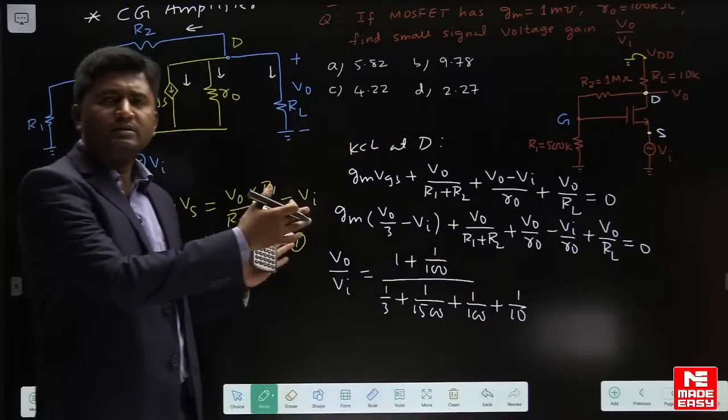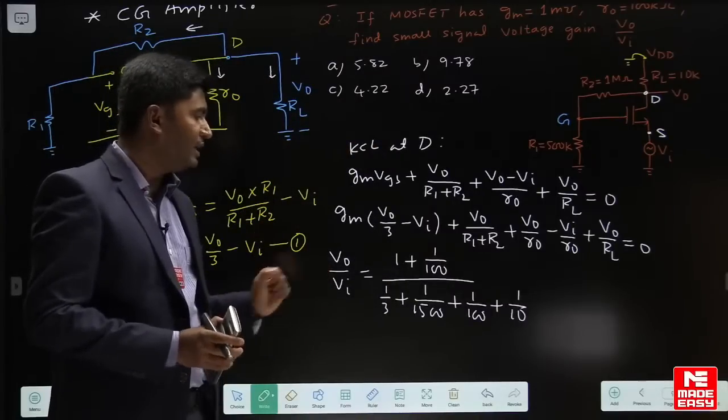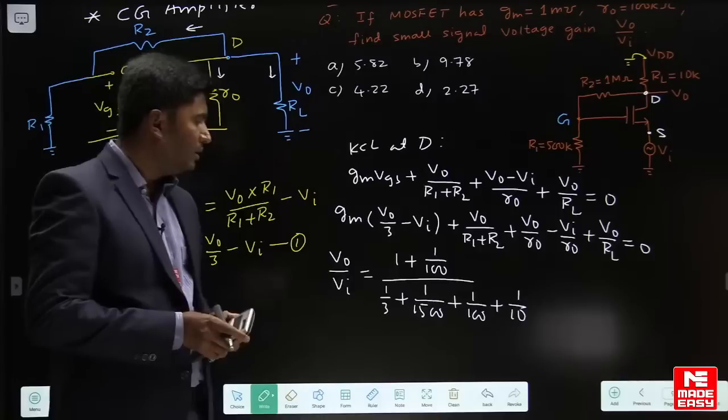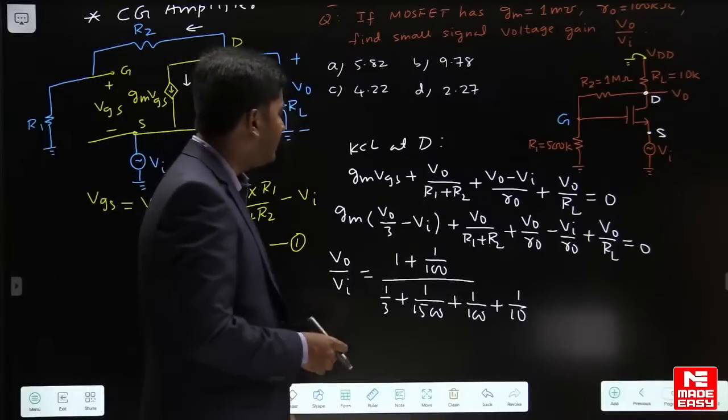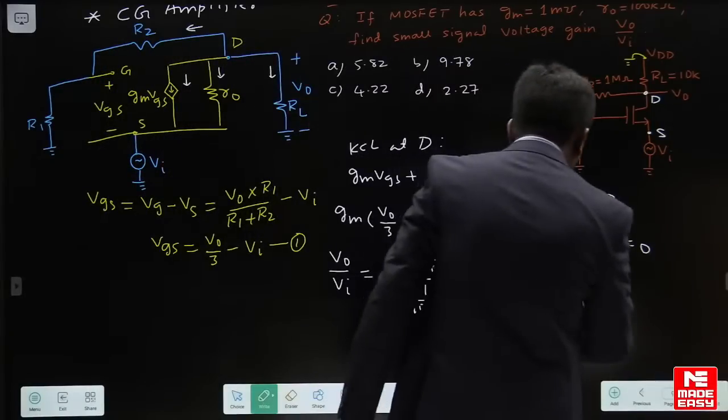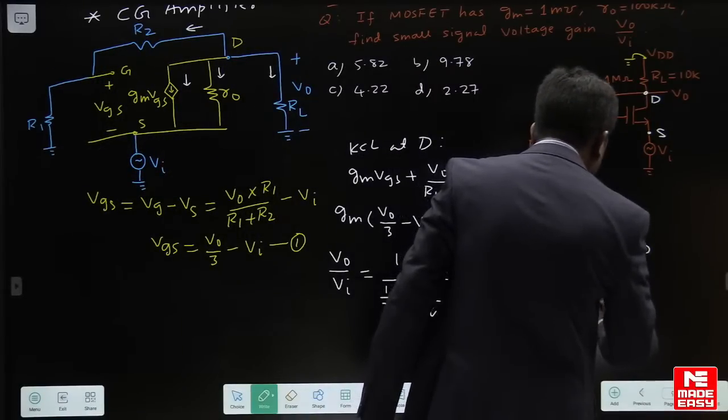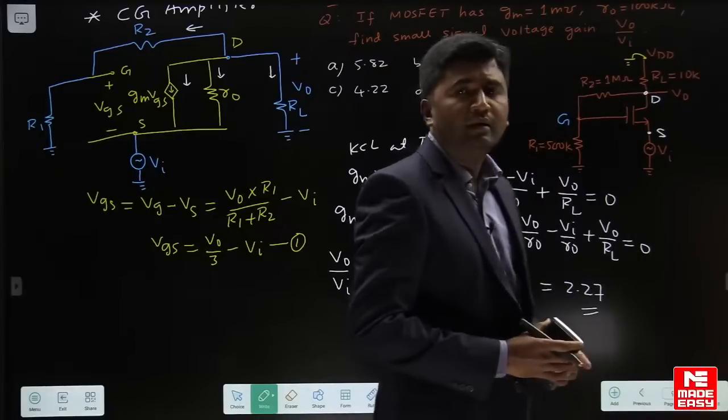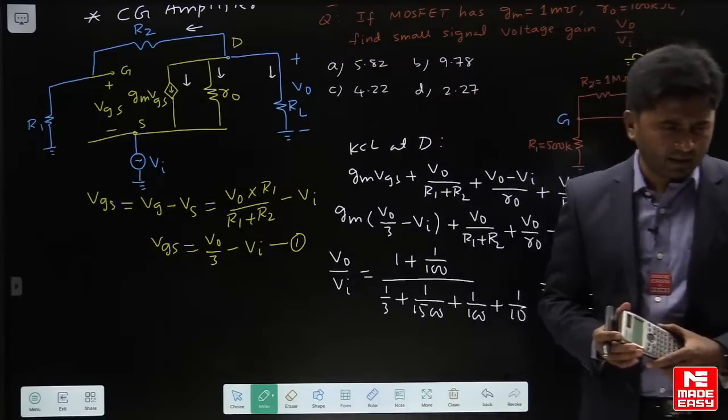Rearrange it a little. You will get V naught upon Vi this way, and from here you calculate the gain. If you find the gain, it comes out as 2.27. You will be getting a voltage gain of 2.27.